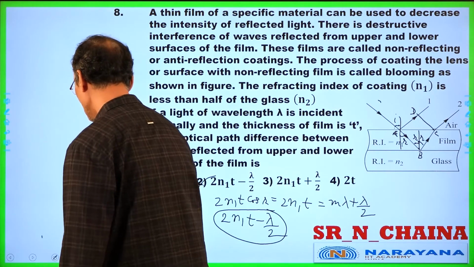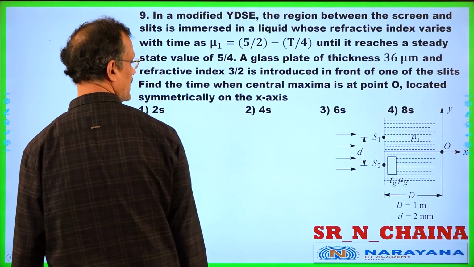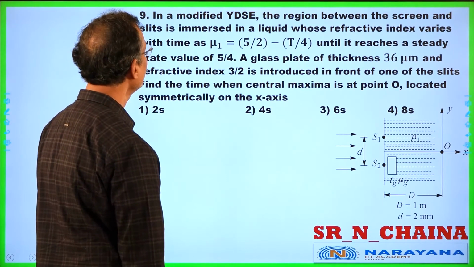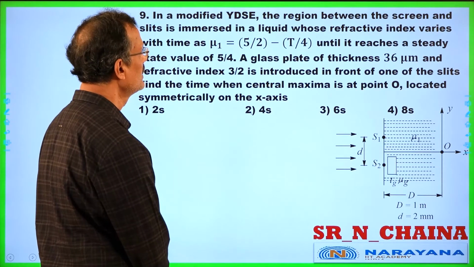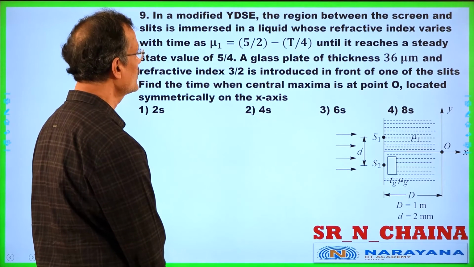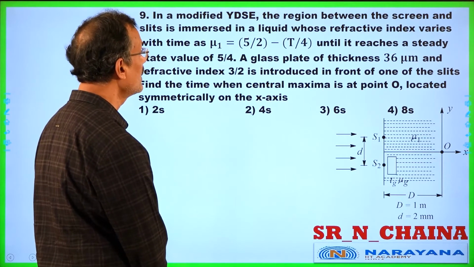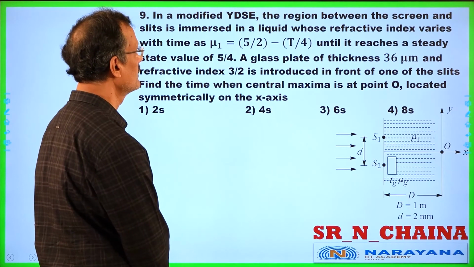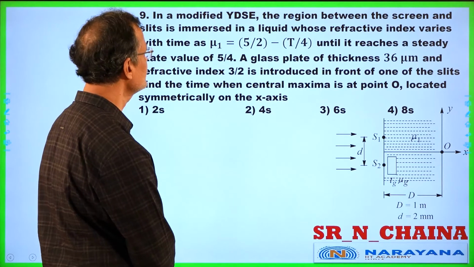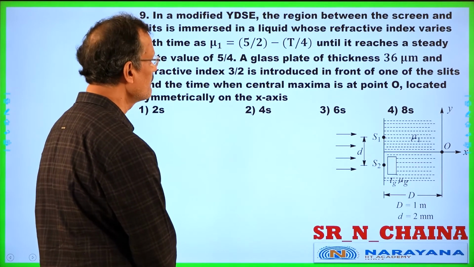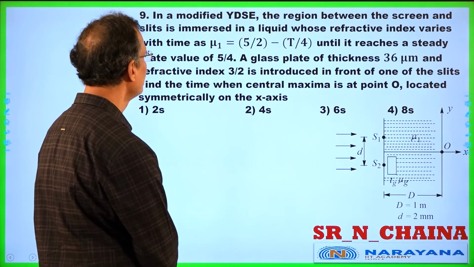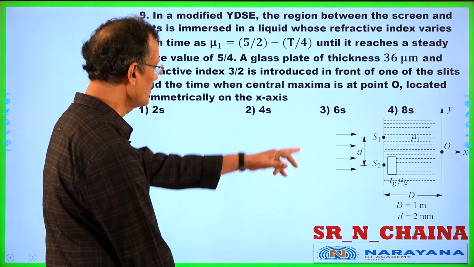Now let us move to the next question, question number 9. In a modified YDSE, the region between the screen and slit is immersed in a liquid. Here the refractive index is varying until it reaches a steady value; we are not at all interested in the 5/4 thickness they have given. The refractive index of the glass is 3/2.